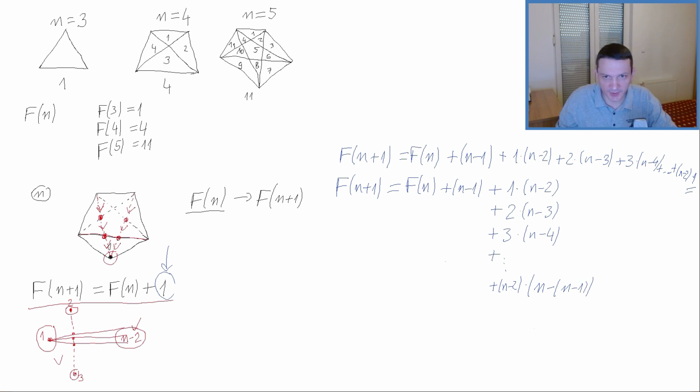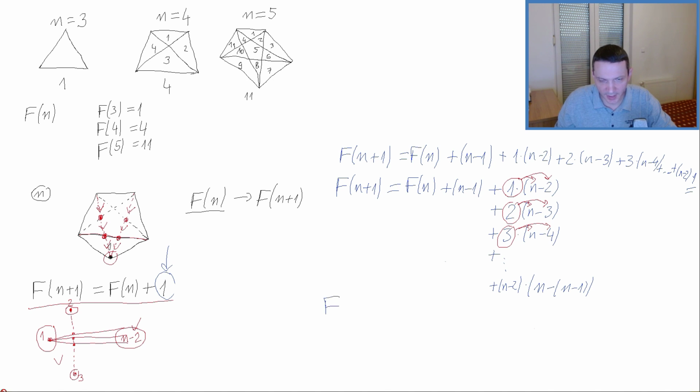So I will now simply multiply this 1 by n and later by minus 2. Also this 2 by n and later by minus 3. Also this 3 by n and also later by minus 4. So what I obtain is exactly this.